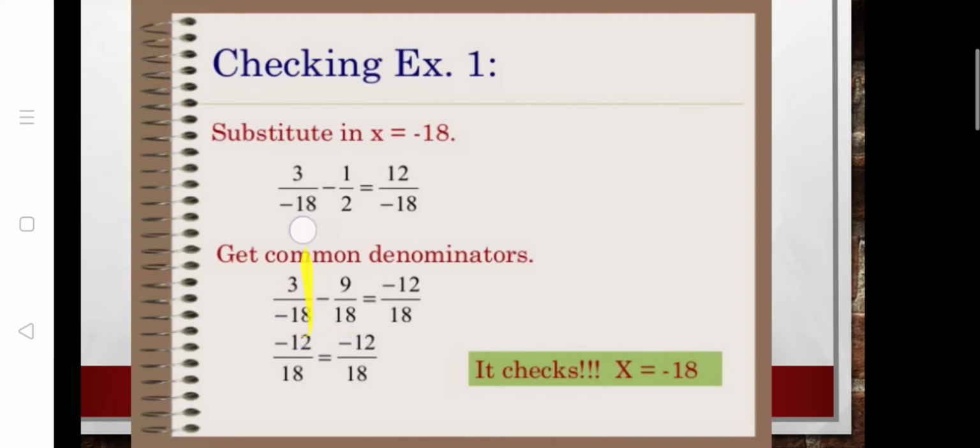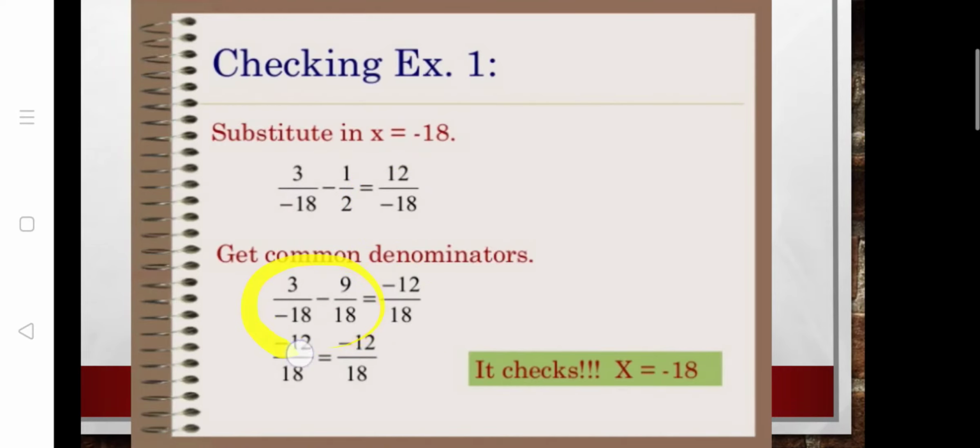So 18 divided by negative 18 is negative 1 times 3 is negative 3, the same as 3 over negative 18. Then 18 divided by 2 is 9 times 1 is 9. Just copy the right side. So simplify this.